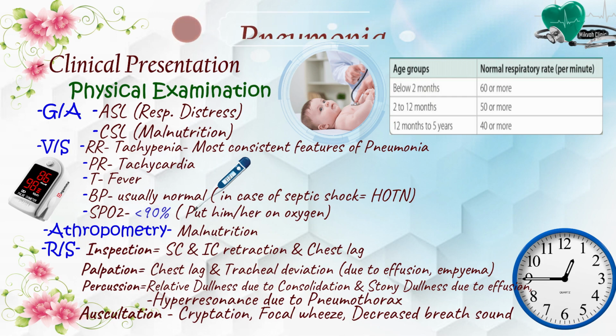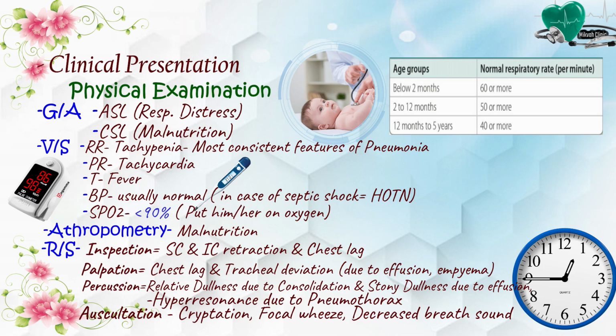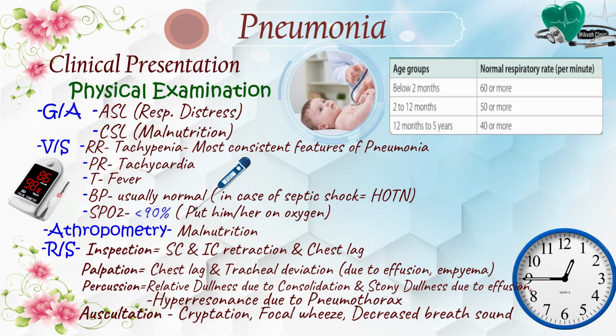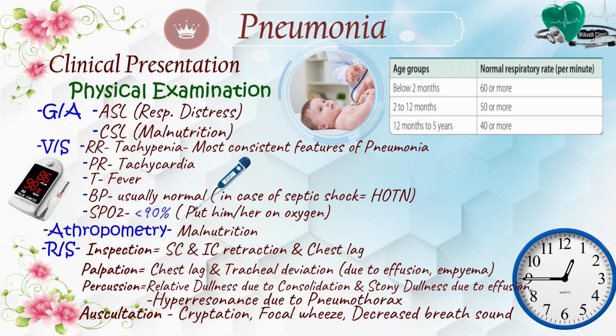So we may get a focal wheeze rather than a diffuse wheeze. And decreased breath sounds on auscultation suggest empyema, parapneumonic effusion, or pneumothorax. So usually they are associated with complications of pneumonia.